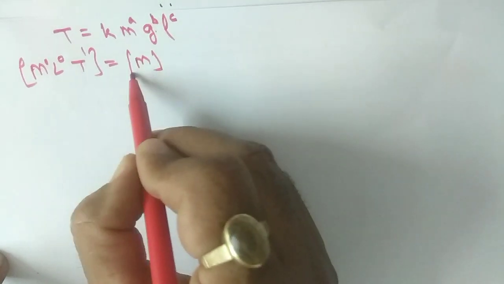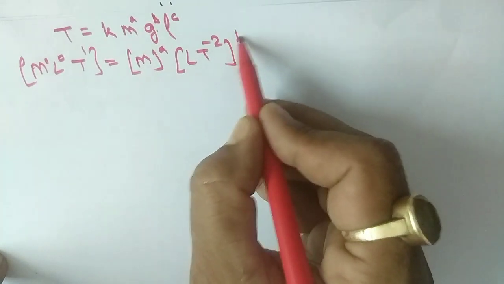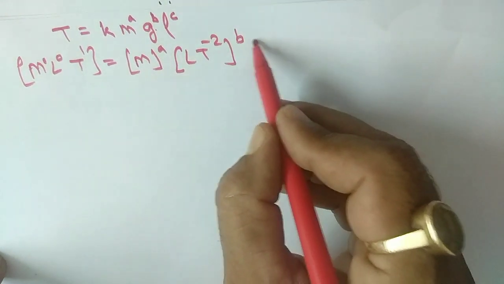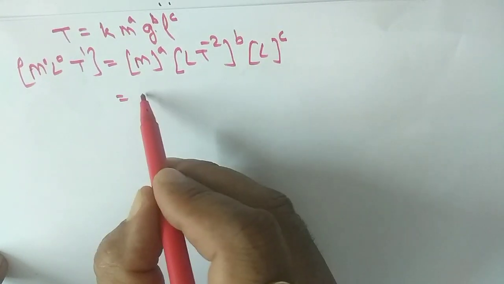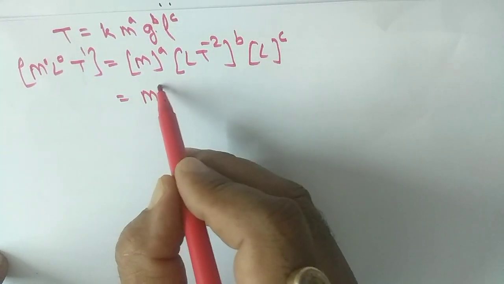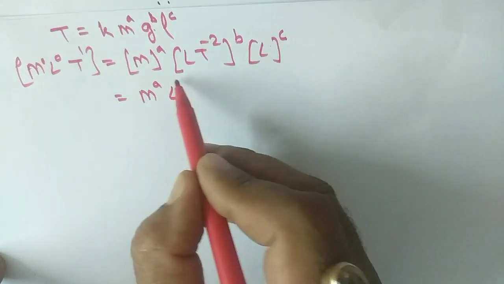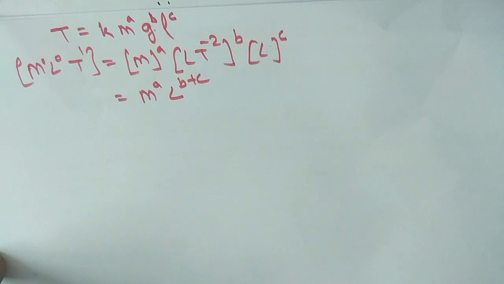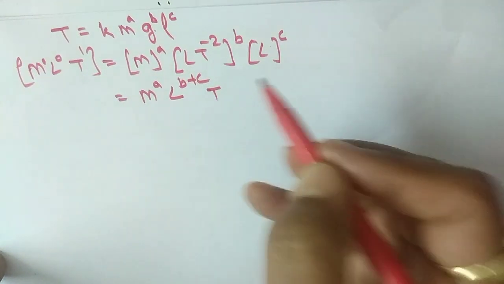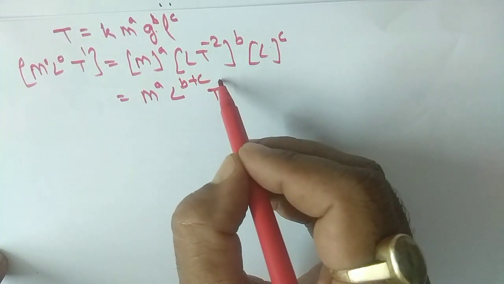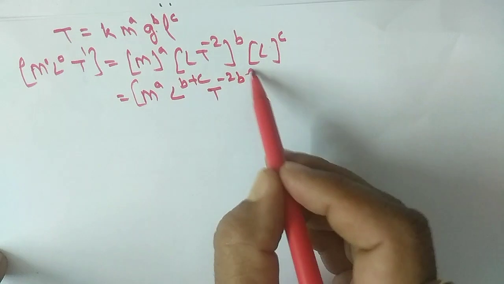Mass M, and g has dimensions L T to the power minus 2, with power b, and the length with power c. So we write M to the power a, L to the power b plus c, and T to the power minus 2b. Is it clear?